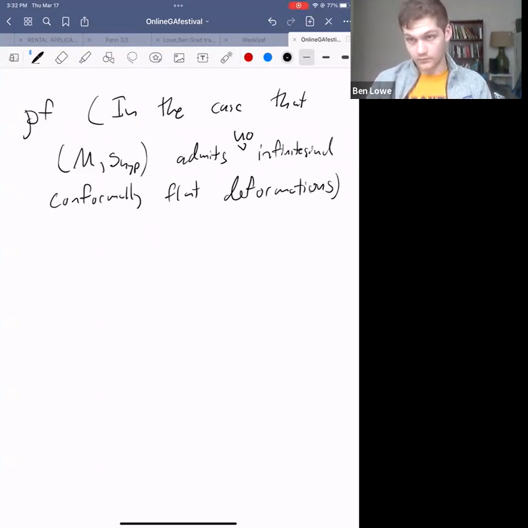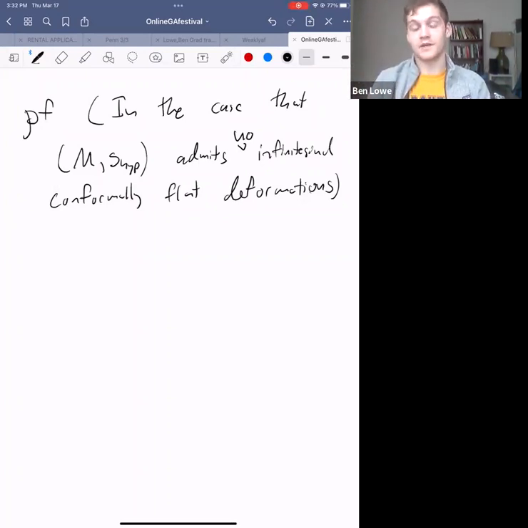But the point here is that in general, if you have a closed hyperbolic three manifold, of course the hyperbolic metric is a conformally flat metric on it, but in general you'll have other conformally flat metrics in different conformal classes, which you can then solve the Yamabe problem for and get constant scalar curvature metrics.